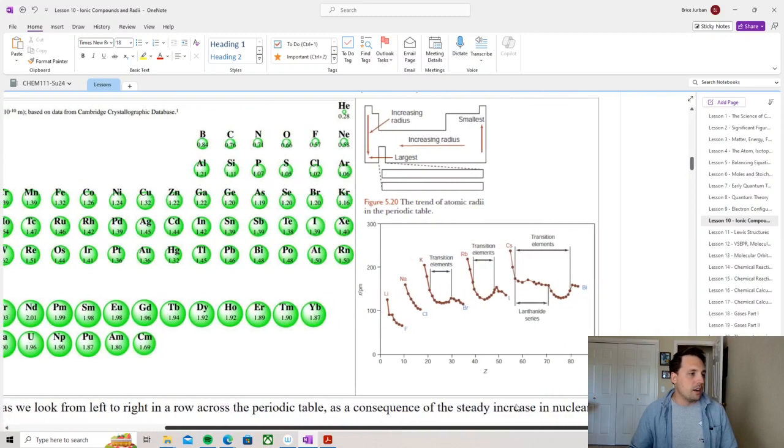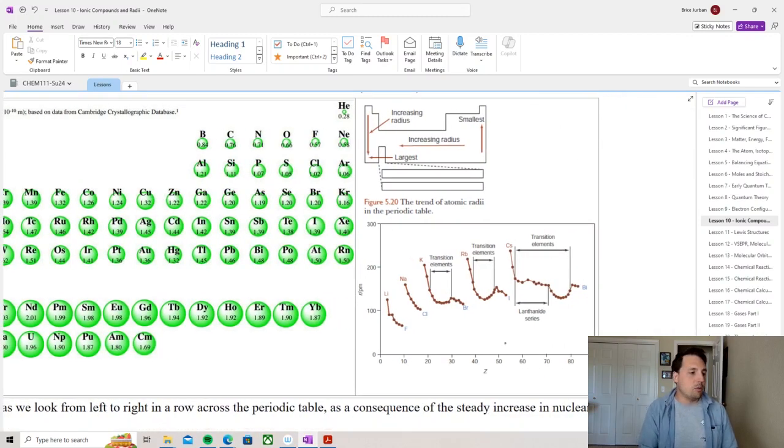And then another way of looking at this data is where we plot the atomic number against the radius in picometers. So rather than angstroms, we could look at picometers instead, which is 10 to the negative 12 meters. We can see that periodic trend where the largest elements are your alkali metals, lithium, sodium, potassium, rubidium, and your smallest radii are going to be your halogens or your noble gases.